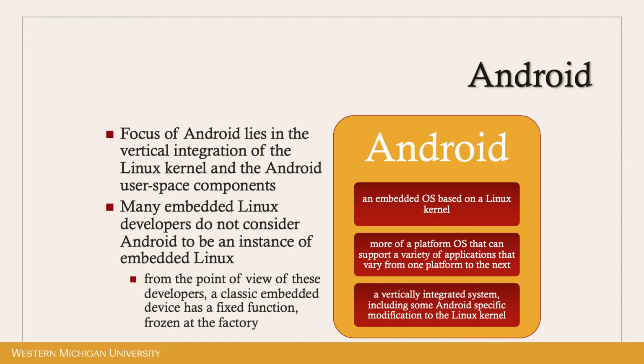But the deal is we've got the Linux kernel, and we've got the Android user space components that run on top of it. Some folks consider Android to be an embedded operating system. Actually, a lot of embedded Linux developers don't consider Android to be an instance of embedded Linux because a classic embedded device has a fixed function, right?